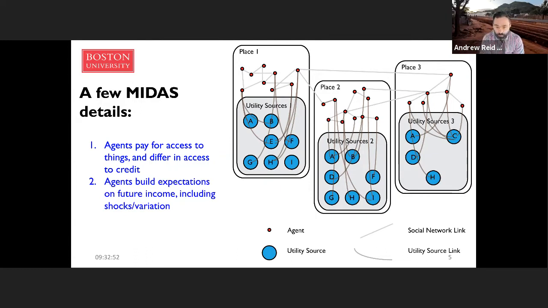They build different expectations over time for how they expect things to play out for them, and they build in expectations around variation, shocks. And as well, things like they learn what job markets are. They learn a little bit about the likelihood of their being able to move to a place and be able to enter that particular portfolio of opportunities that they're so excited about. And so they have an expectation about how likely that is. These are some of the things that are comparatively easy to do with an agent-based modeling framework.